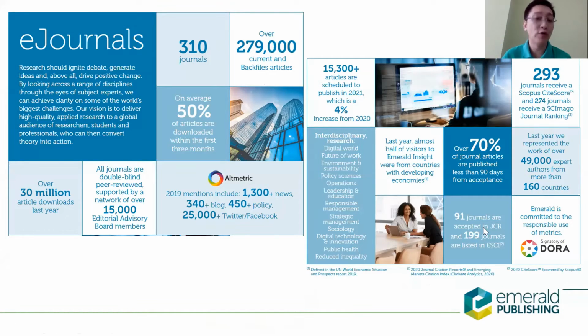We have more than 91 already in JCR, more than 200 in ESCI, and a few in SSCI, ABDC, CABELLS, and so on. So in terms of standards, indexing and rankings, our journals are really top. I can safely say that about 20 to 30% of our journals are in Q1.